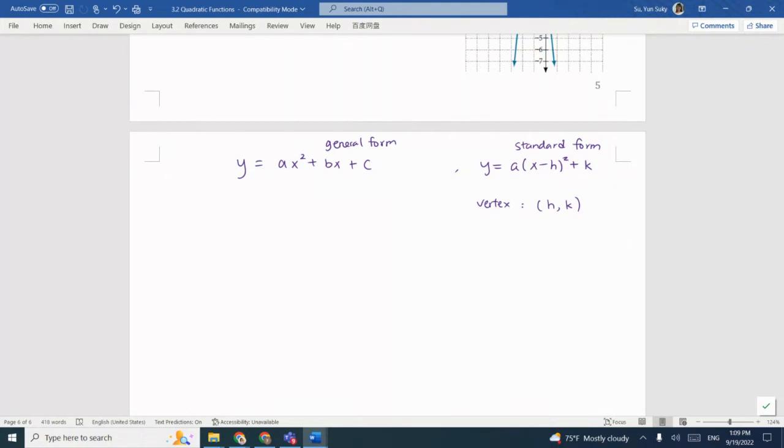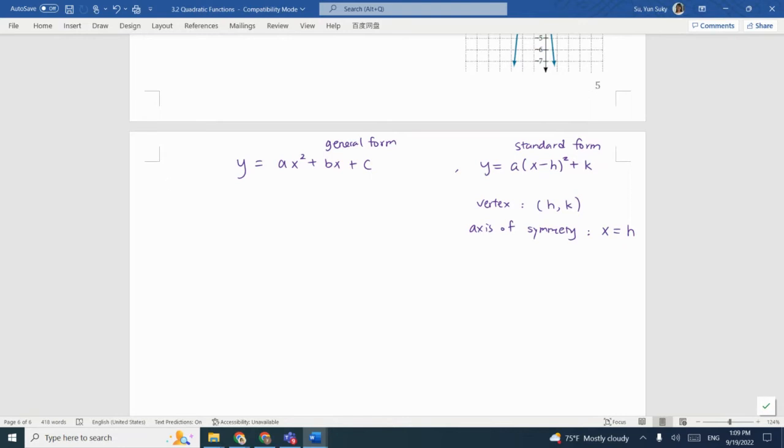And we have the axis of symmetry is what? X equals h. It's a vertical line. So don't give me a number h. Give me an equation, a line, vertical line. X equals to something.